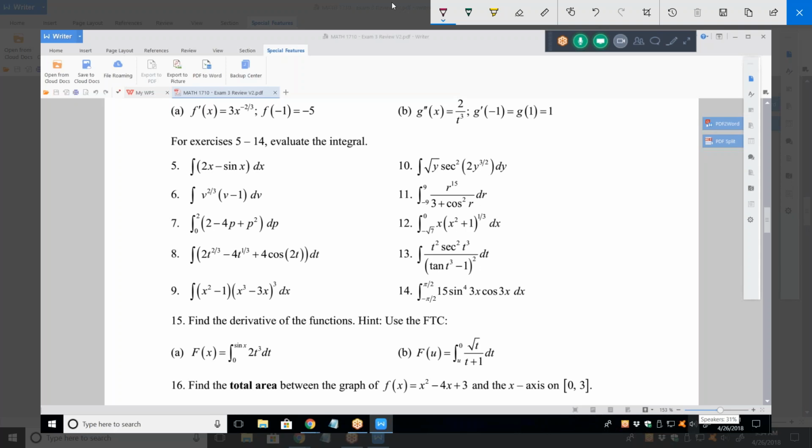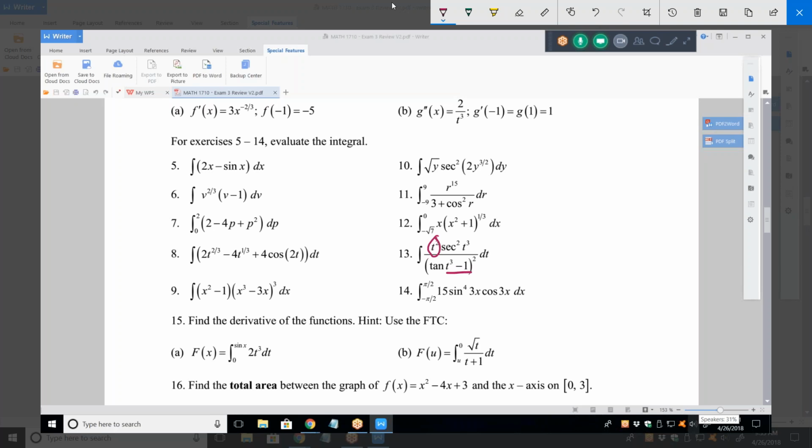Let's see. The derivative of tangent is secant squared, and it's on the opposite side of the fraction bar, which you usually don't want. So I'm not sure that's the way to go. And the derivative of that is 3t squared, and there's a t squared there.